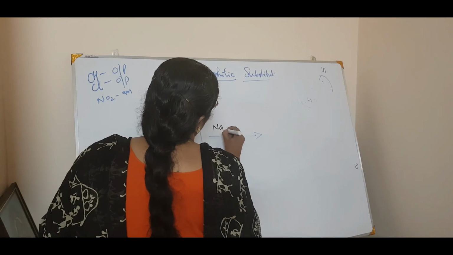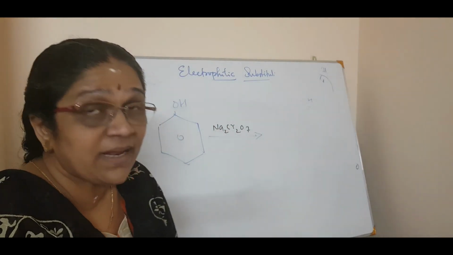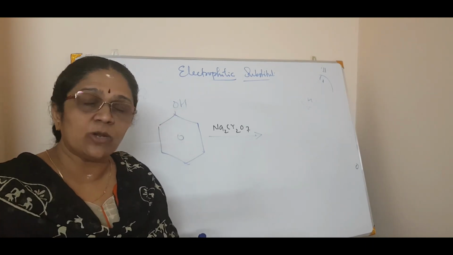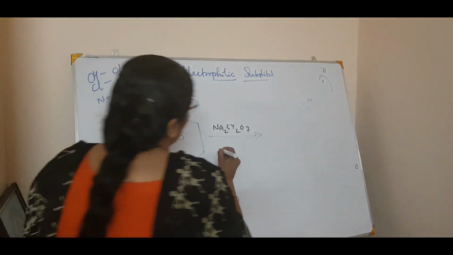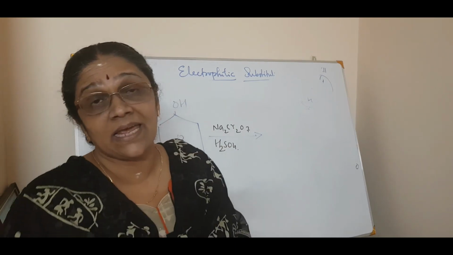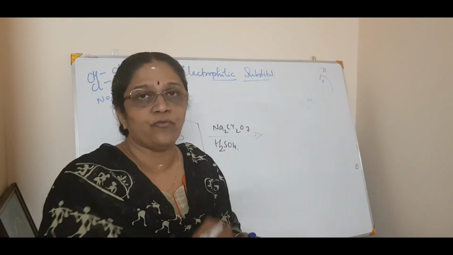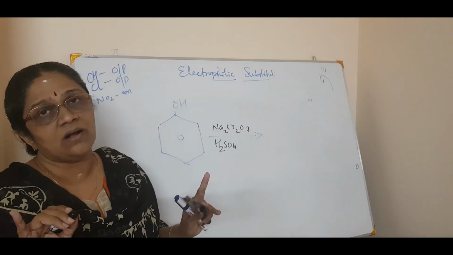Phenol when treated with sodium dichromate, it's an oxidizing agent. Potassium dichromate, sodium dichromate is also a very good oxidizing agent in presence of acid. For example, H2SO4. That acidic medium. Acidified potassium dichromate, alkaline KMnO4. Acidified sodium dichromate. That's all.